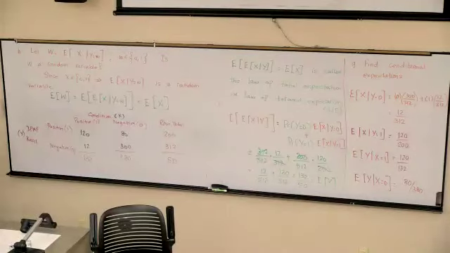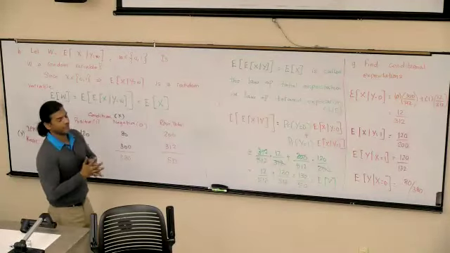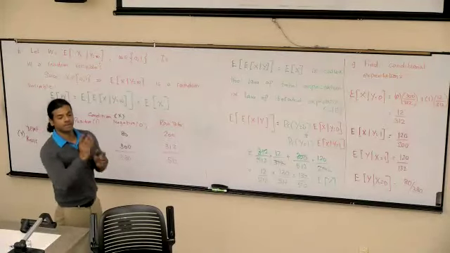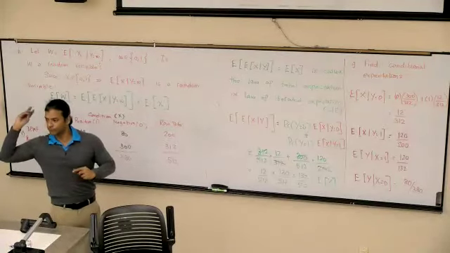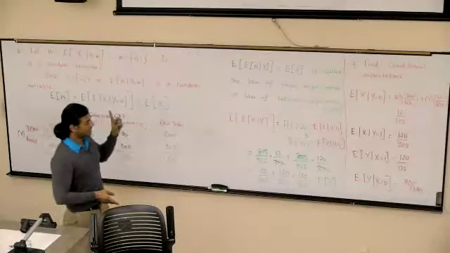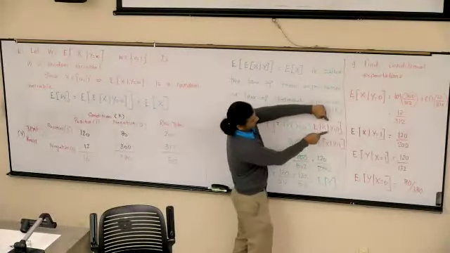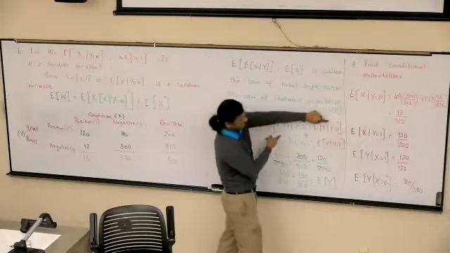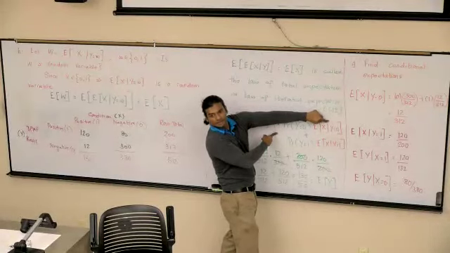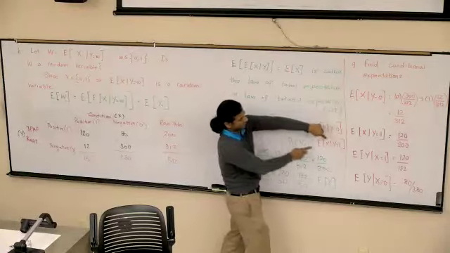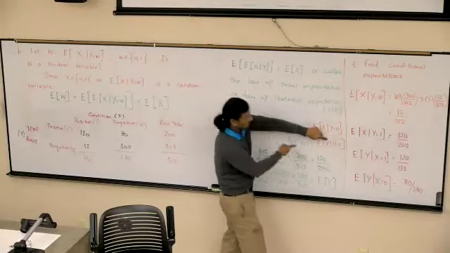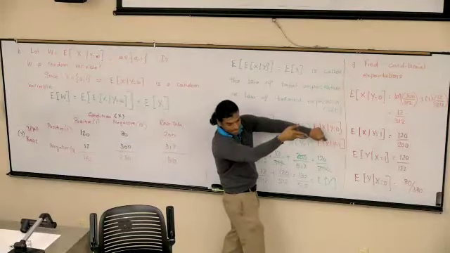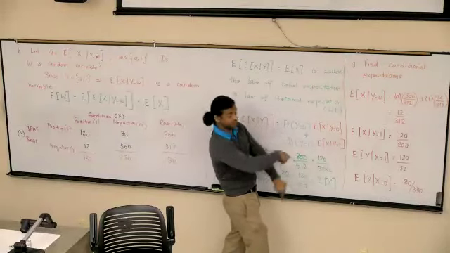Now, this process is going to get painful if we have more outcomes. Suppose we had 0, 1, 2, 3, 4 for Y. Then for Y equals 0, we have to find the first expectation multiplied by the probability of Y equals 0. The second expectation multiplied by the probability of Y equals 1. Another expectation, 2 and 3.